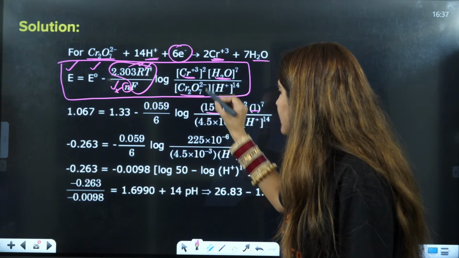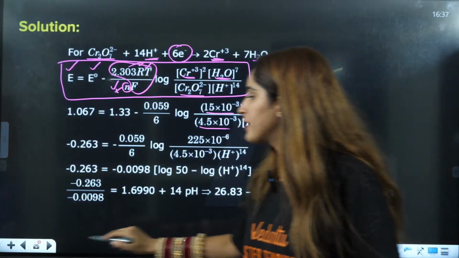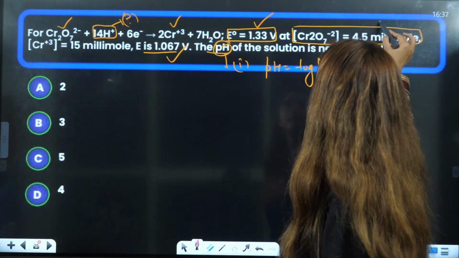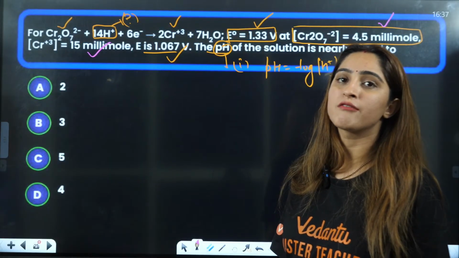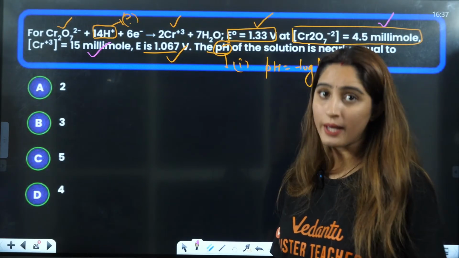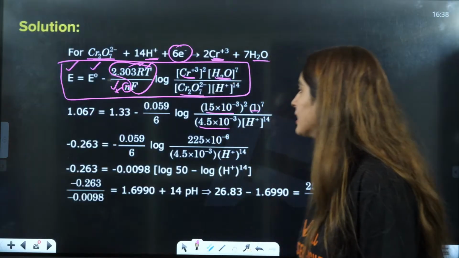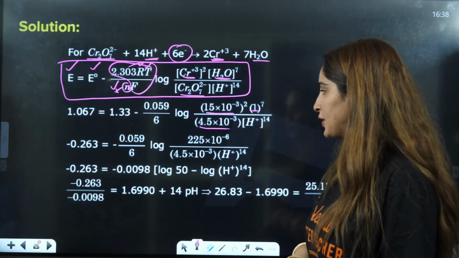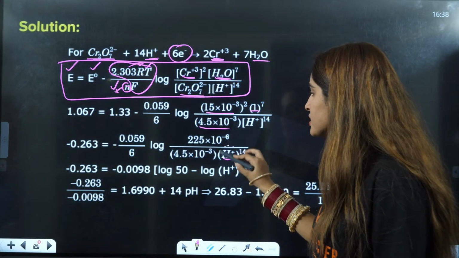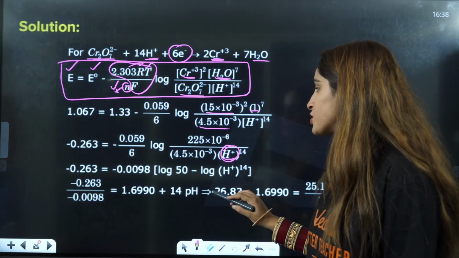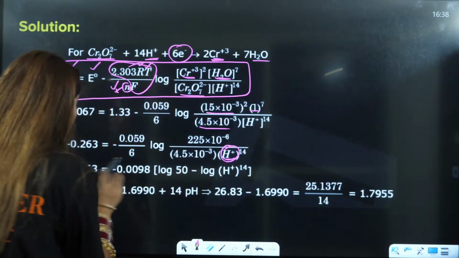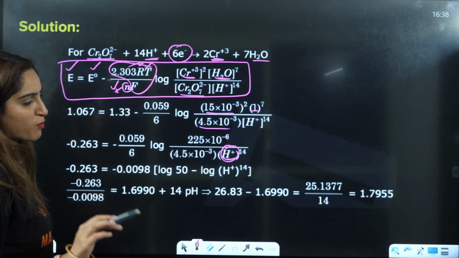For Cr2O7, that is given to be 4.5 into 10 raised to power minus 3. That is given here and here, in millimoles. Milli means 10 raised to power minus 3. These two things are given to us. Now H positive concentration you have to calculate. Solving all of this, you will calculate the value of H positive.